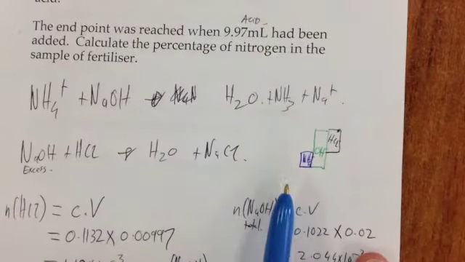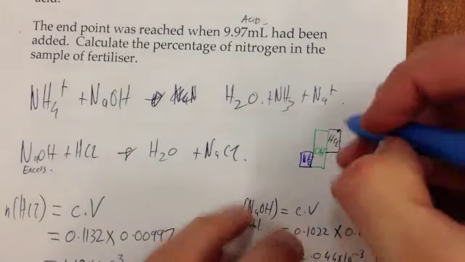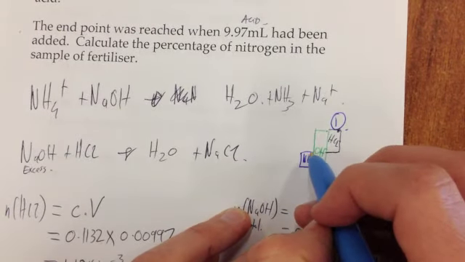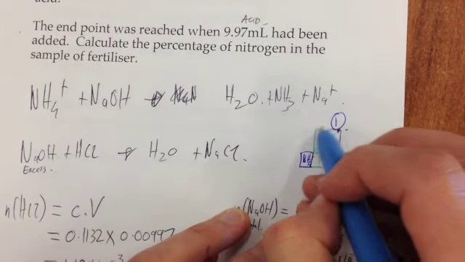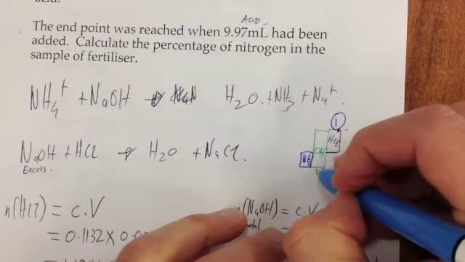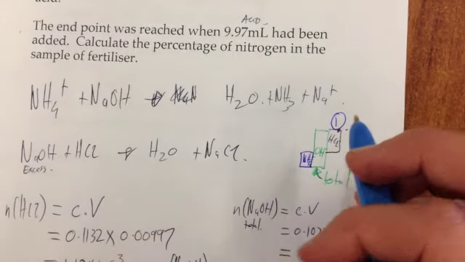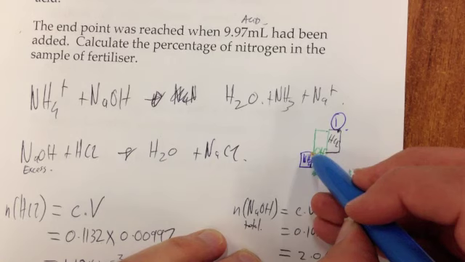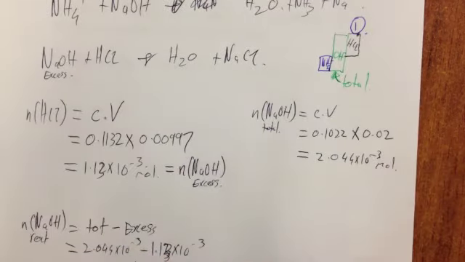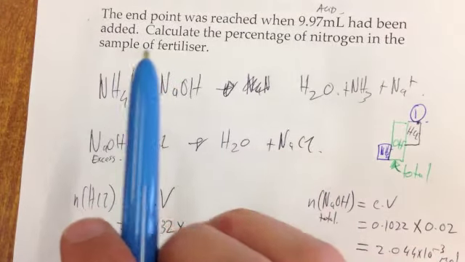Okay, so if you look at this, this is what we found out first. I'll put it in here. This is the first one we found out, which told us how much reacted here. The second was our green, the total. From this, we can work out how much reacted with our ammonia. So our number of moles of this is what reacted.